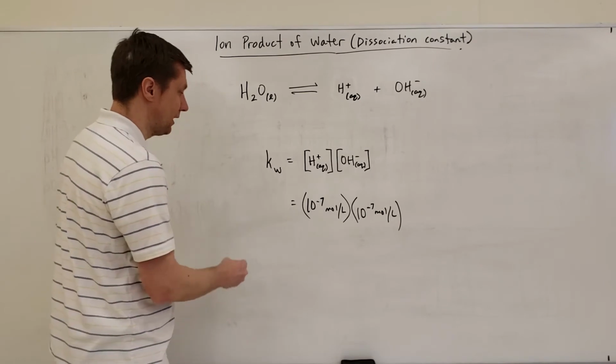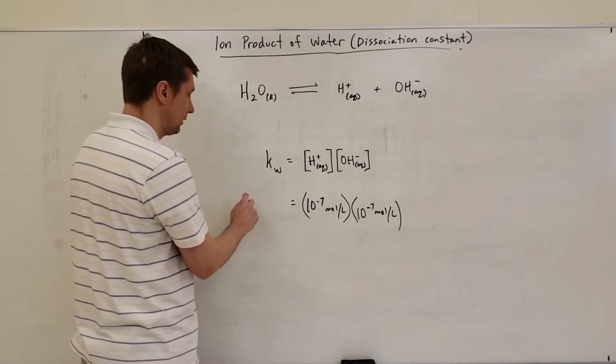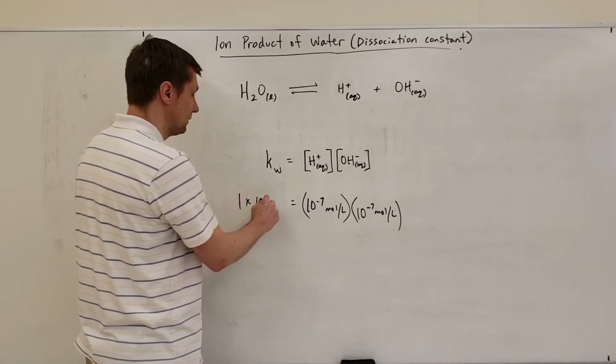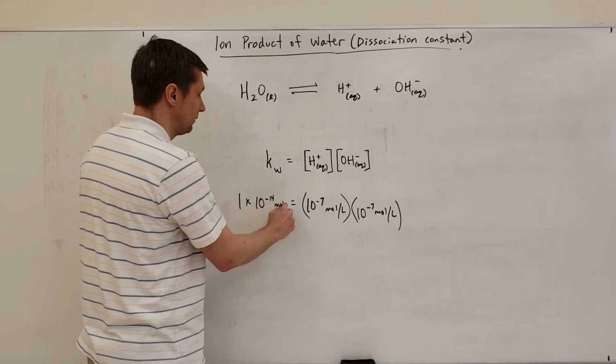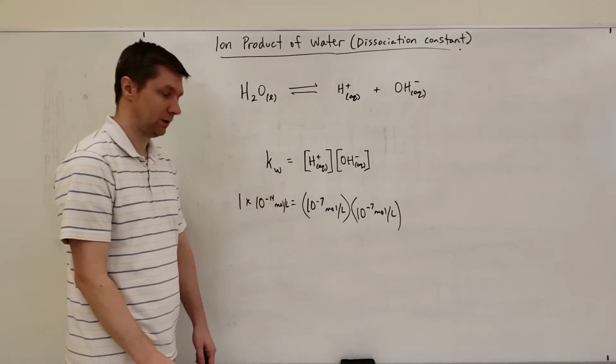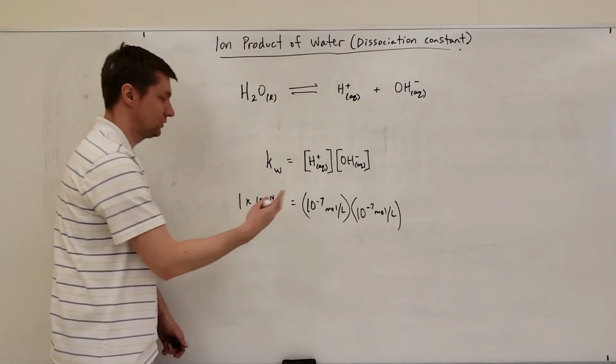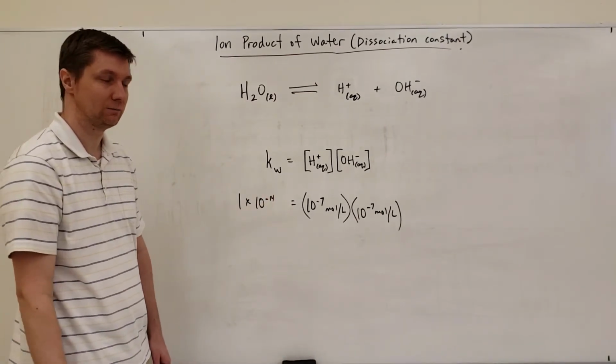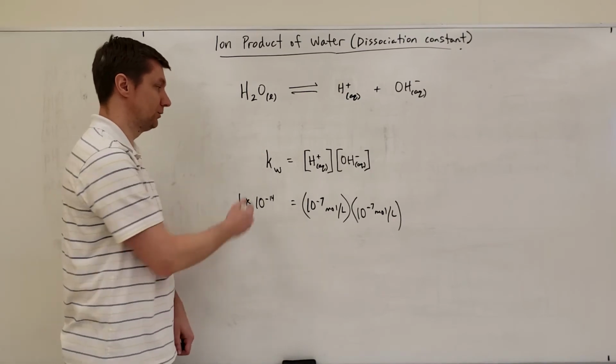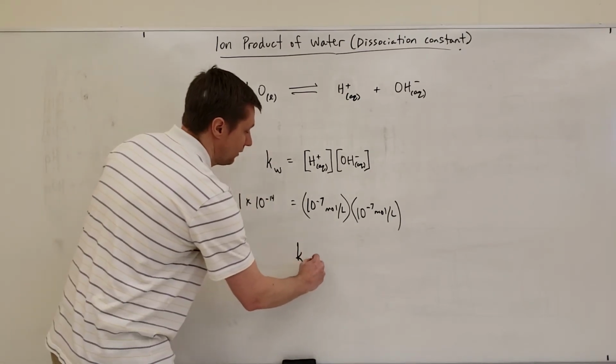So you plug that into your calculator, and the Kw comes out as 1 times 10 to the negative 14. Kc values don't have units. It's just 1 times 10 to the negative 14, and that is Kw.